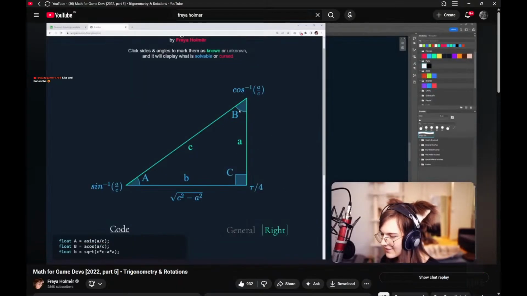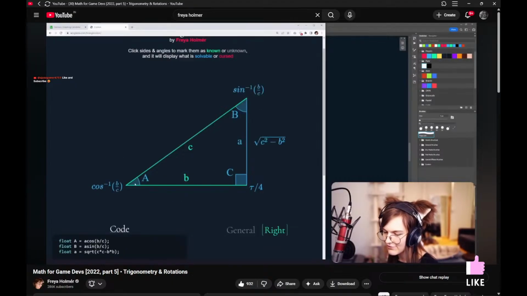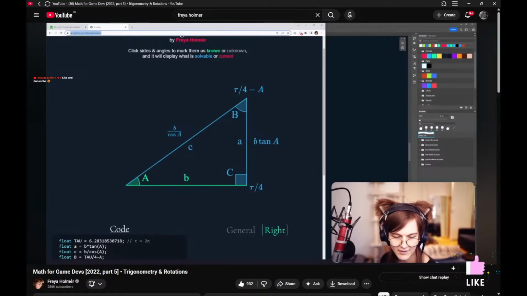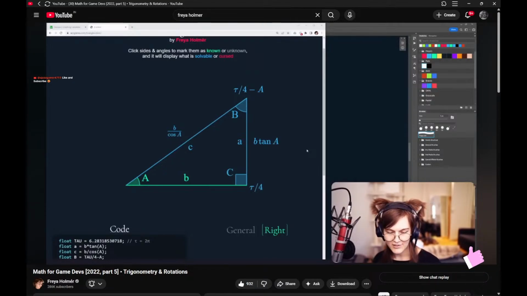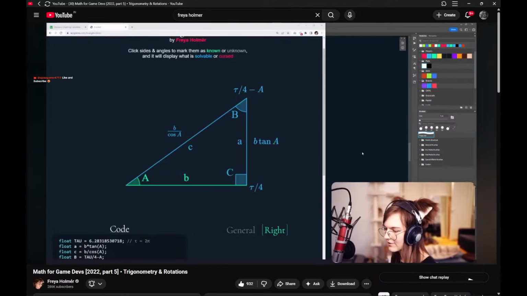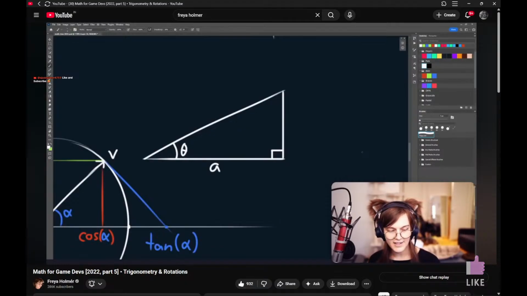I have this little interactive triangle solver, and you can see all the trigonometric functions pop up here depending on what you activate or deactivate. Here's a link if you want the triangle solver. But the point is that you can use these trigonometric functions to solve for unknown sides of a triangle.